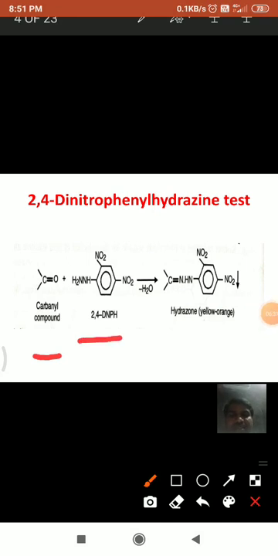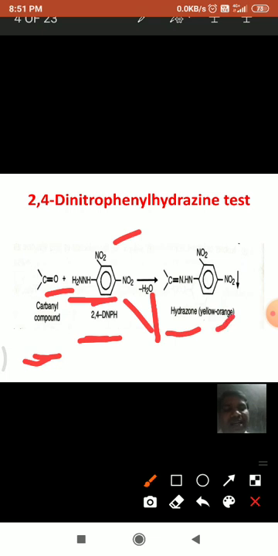It reacts with 2,4 dinitrophenylhydrazine. This is hydrazine, phenylhydrazine, and at 2,4 positions we have 2 nitro groups. That means, when this carbonyl compound reacts with 2,4-DNP in acidic conditions, with the loss of a water molecule, this hydrazone is formed.